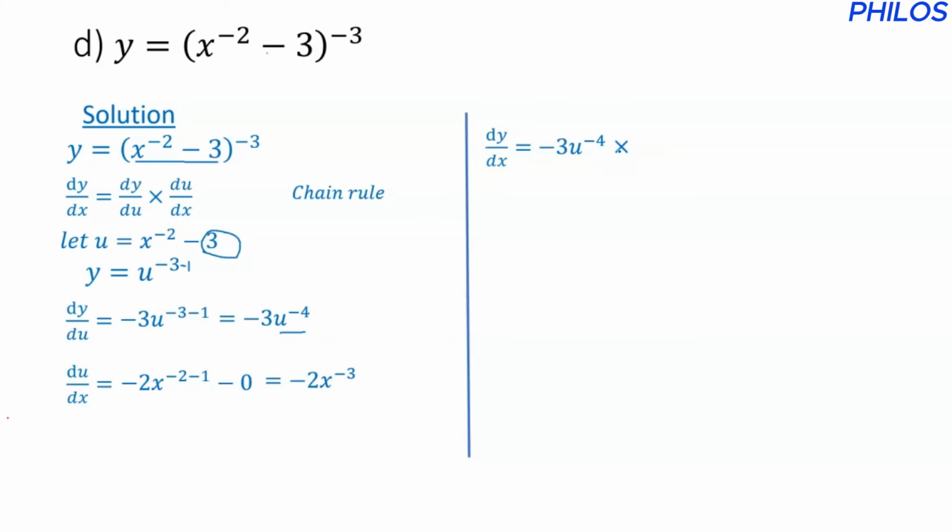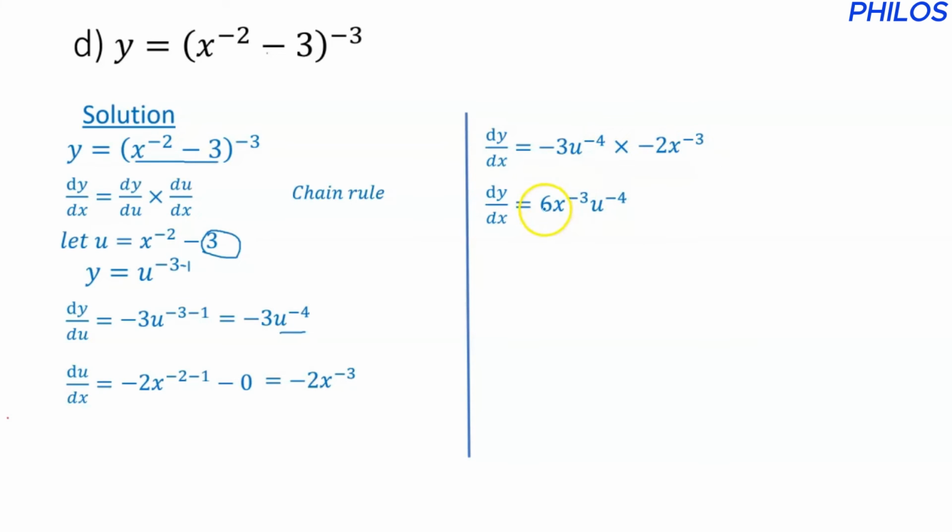Then times our du over dx, which is negative 2x exponent negative 3, so we substitute it here also. Then we simplify. Negative 3 times negative 2 will give you positive 6. So that will make it positive 6 u exponent negative 4 x exponent negative 3.